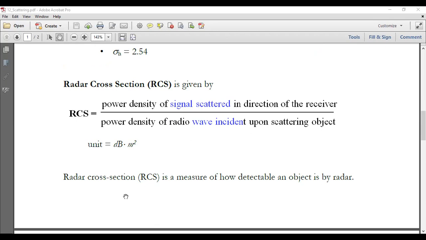The receiver then receives the signal, and depending on the delay, if the object is close by, then the pulse will come back shortly. So the delay can tell you how far the object was, since the velocity of the signal is constant.